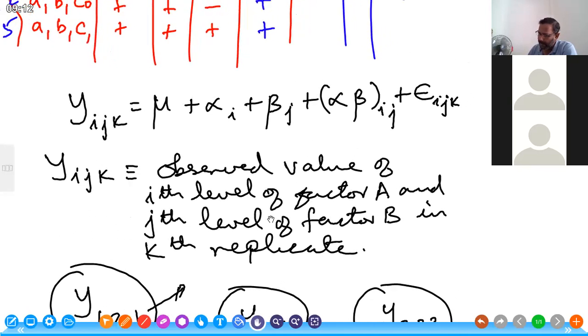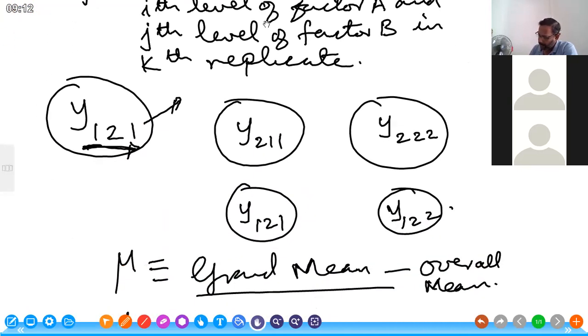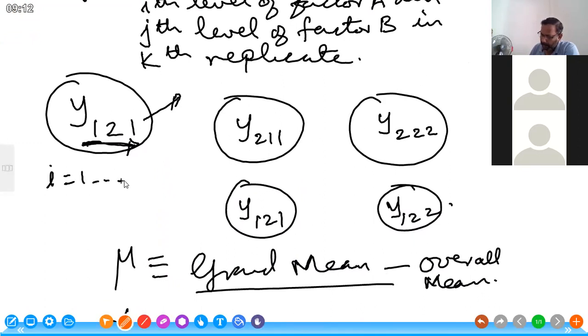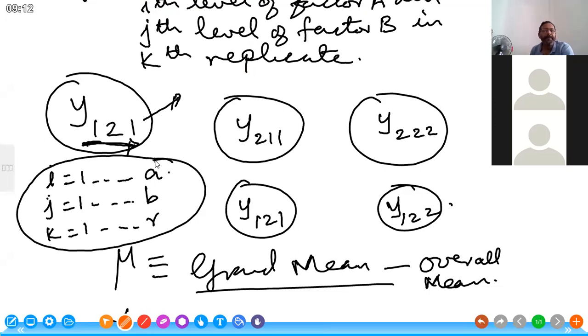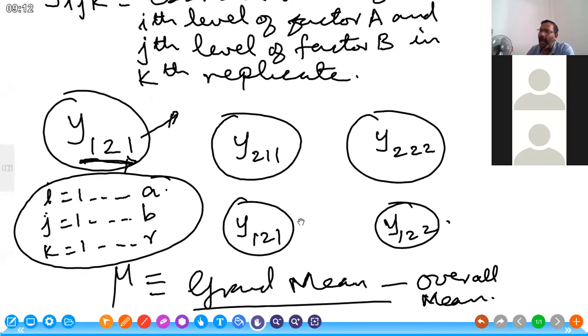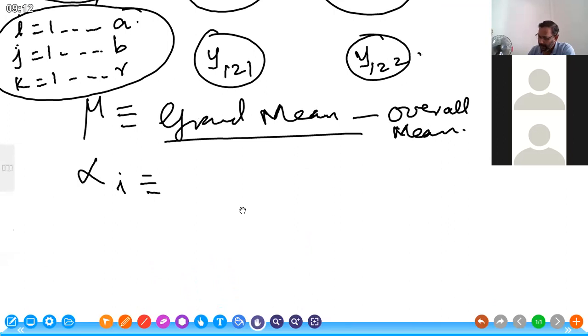Can you remember? We said i is from 1 up to a, j is from 1 up to b, k is from 1 up to r. So now we cannot say factor 1. We have given the name. Effect of factor A.